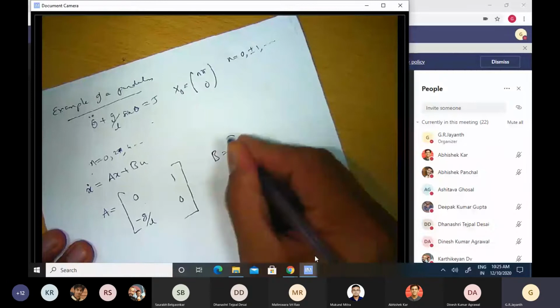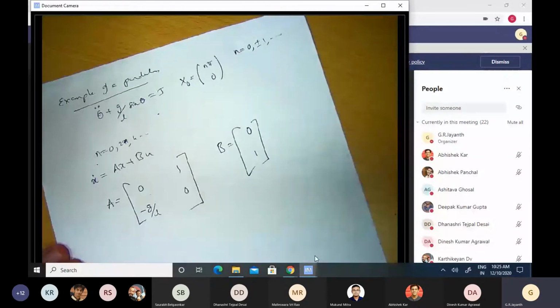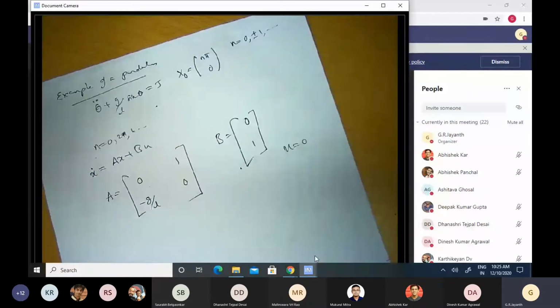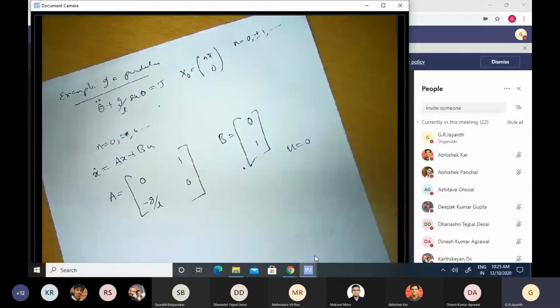But for the homogeneous case, we set u equal to 0, so this B times u becomes irrelevant. We are just trying to solve this particular equation, x dot is equal to Ax, with a certain initial state x naught.